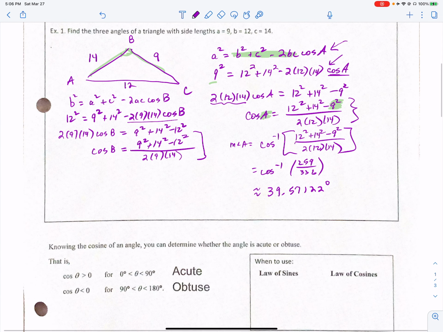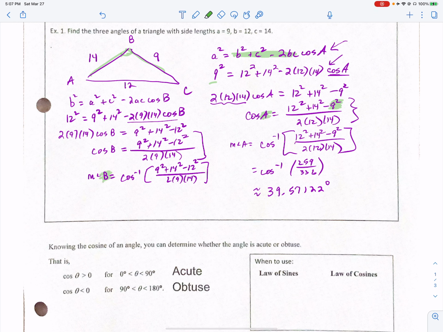All right, so then the measure of angle B is going to be that inverse cosine of that value. And again, I'm finding angle B, and the side opposite B is the 12. That's the side that's being subtracted and squared in the numerator, and the other two sides, the 9 and 14, are being used in the other spots.